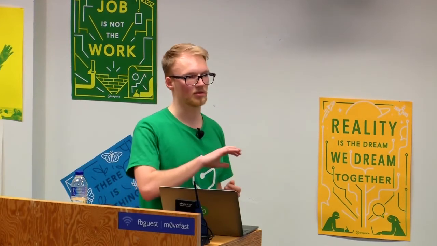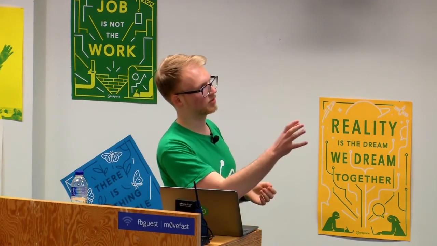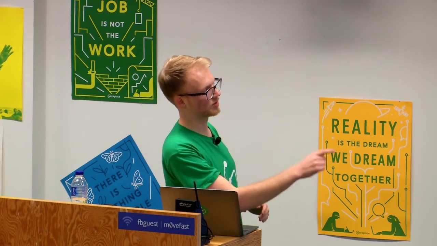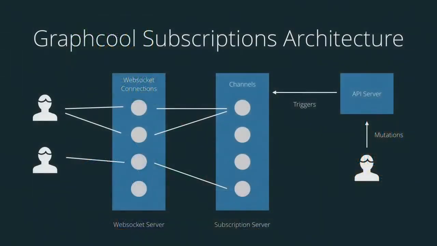For example, they are updating some nodes, deleting some nodes, and so on. So the API server sends some triggers to the subscription server. The subscription server figures out which of our current subscriptions are actually interested in that, and propagates it back to the WebSocket server, until the WebSocket server pushes it back to the user.